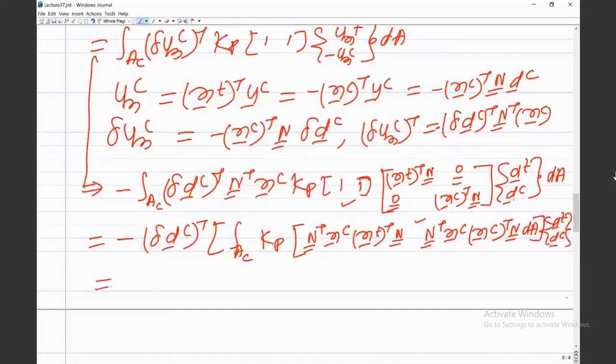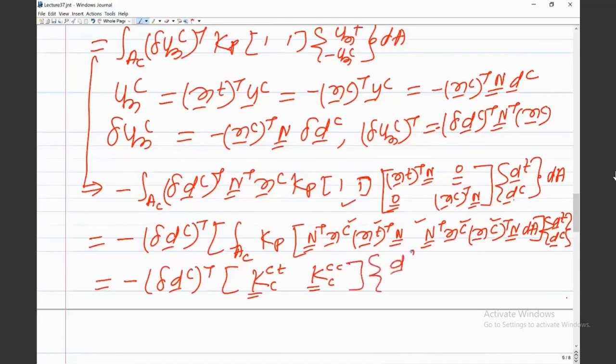So now we can write this as minus delta DC transpose. This first matrix is NC into NT transpose, so let me denote it by KCT, between contactor and target. And this is KCC, contactor and contactor, and then of course DT and DC.